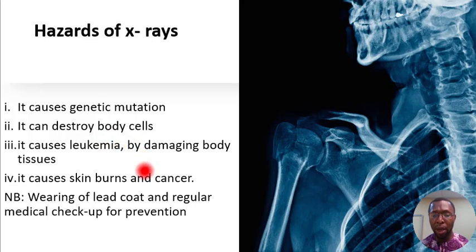It can cause leukemia, that's the cancer of the blood. It can also cause skin burn when it's too much. When you expose yourself to X-ray for long, it can cause skin burn and cancer. So for us to avoid this hazard, it is good that you put on lead coats and also go for regular medical checkup, to avoid the hazard of X-ray.